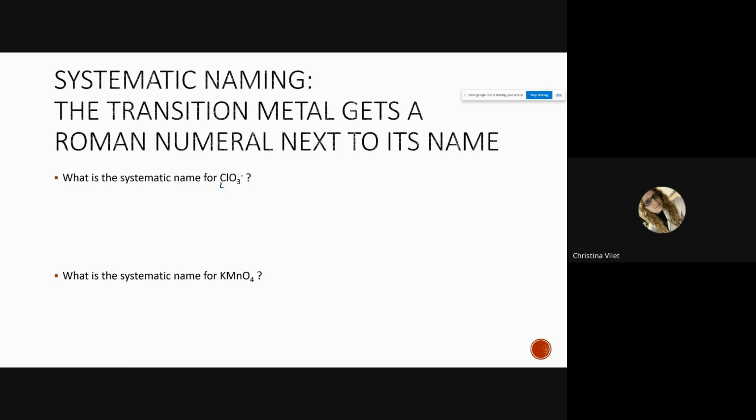So it's chlorate. But then what they do is they write a Roman numeral to say what is the oxidation state of chlorine. So what is the oxidation state of chlorine here? It's ClO3-, right? What's the oxidation state of 5?